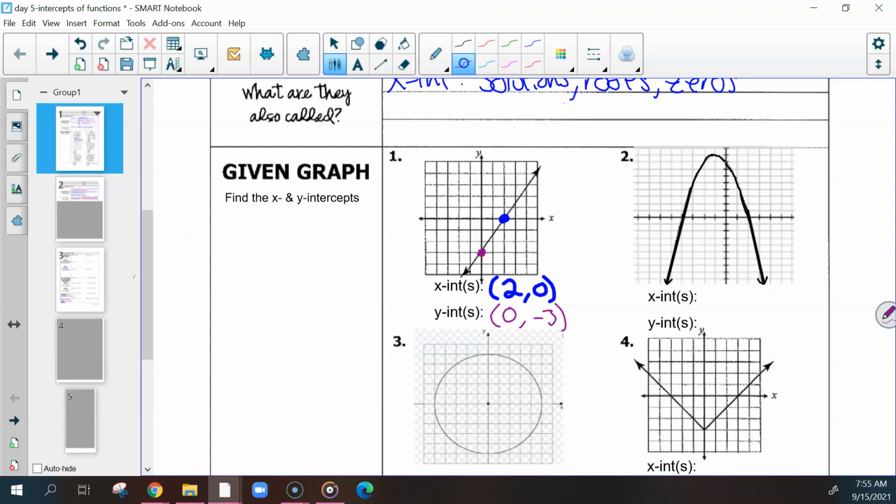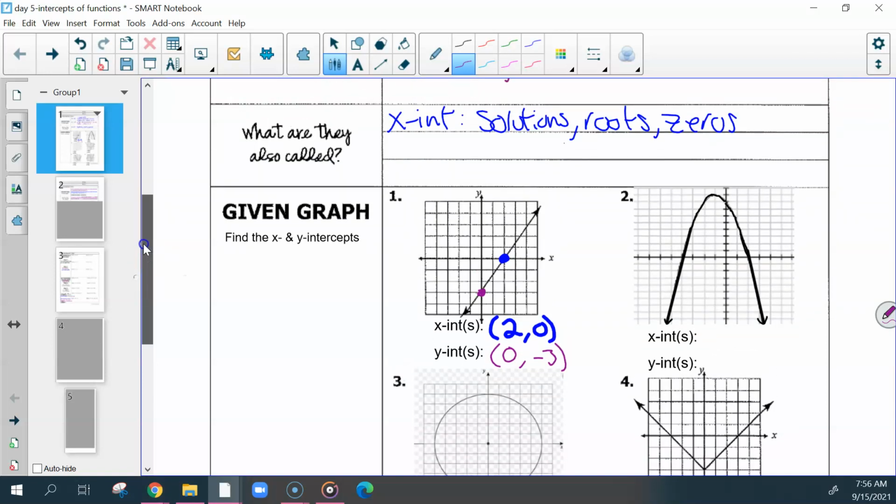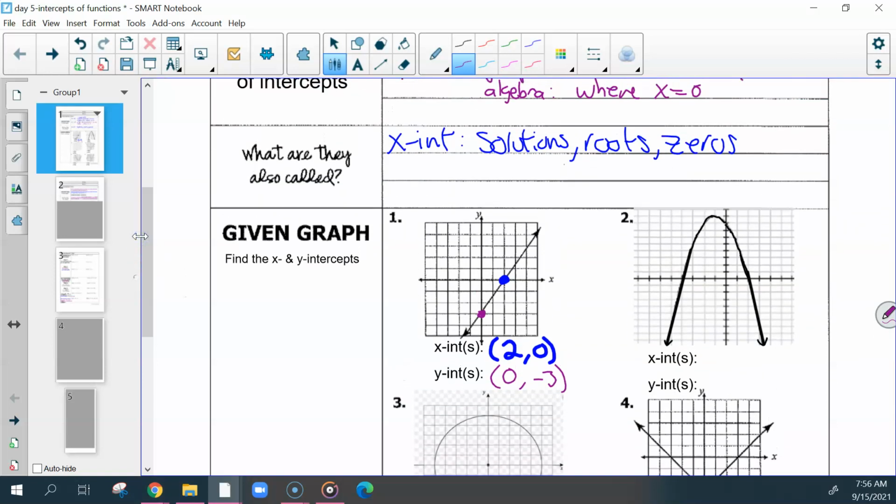So from a graph, that's as easy as it gets. Questions on how we found that, how we write it, anything like that?